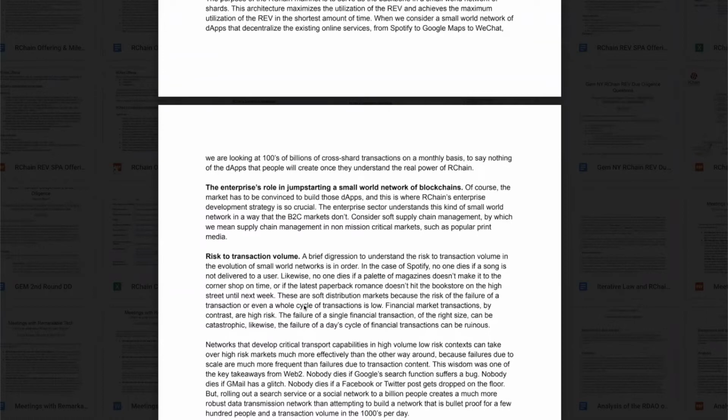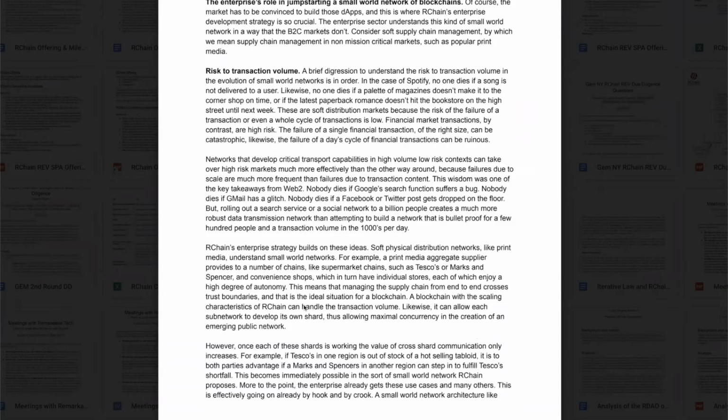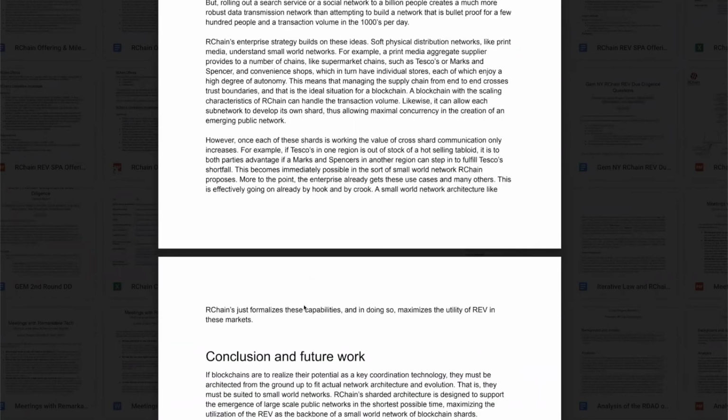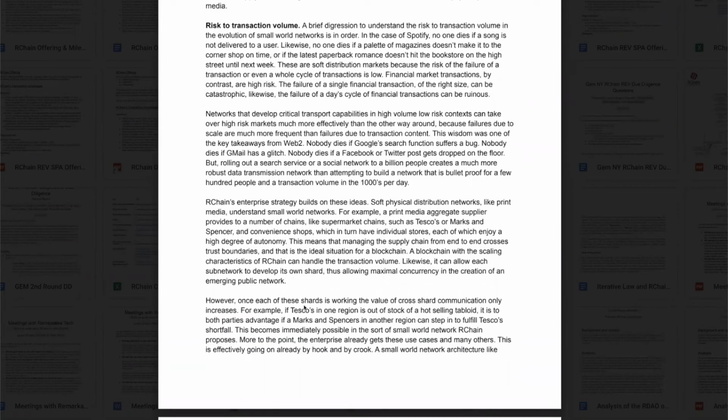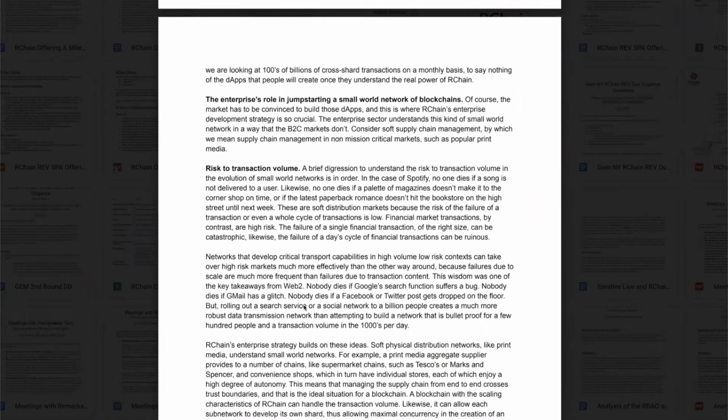And this is where the enterprise strategy comes into play. So the main point is that there are soft supply chain management problems where the enterprise sector gets small world networks much faster and much better than B2C markets do.